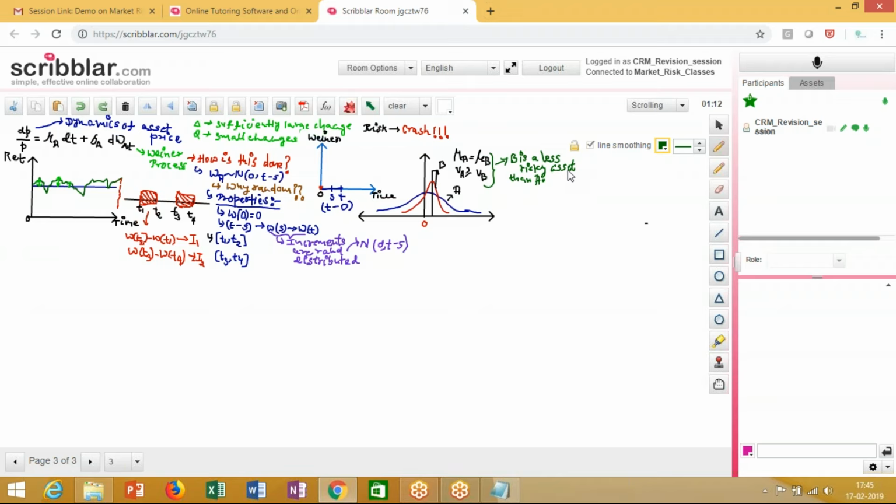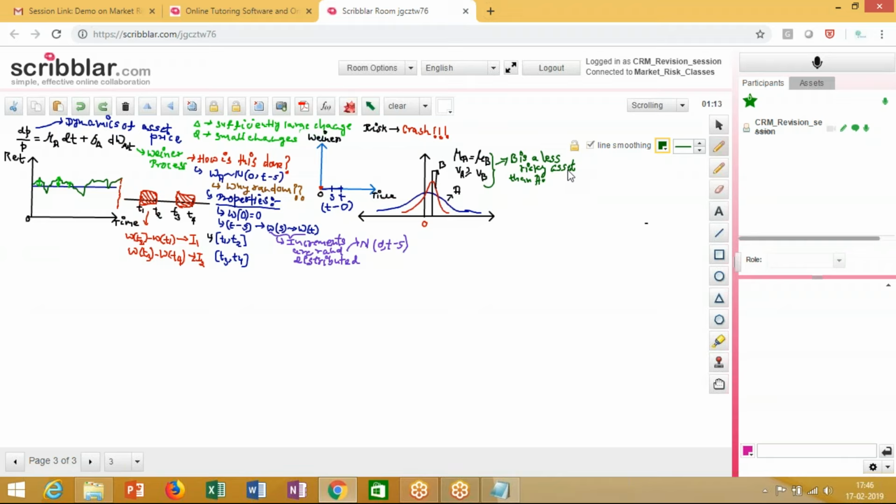As we move into the depth of market risk, we'll see that we will be answering these questions very frequently, right? Number one, how is it that the risk is measured or quantified? Second, how can that be modeled? And how is a strategy of risk management designed around that?